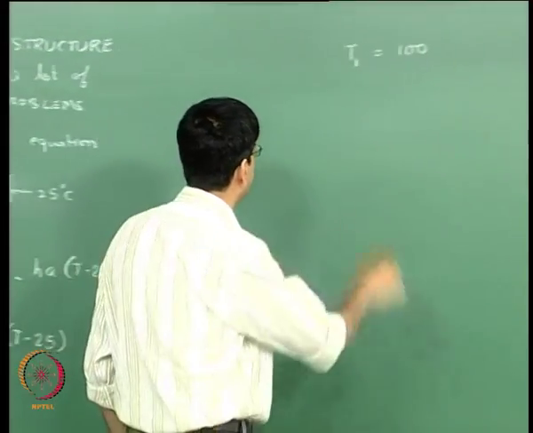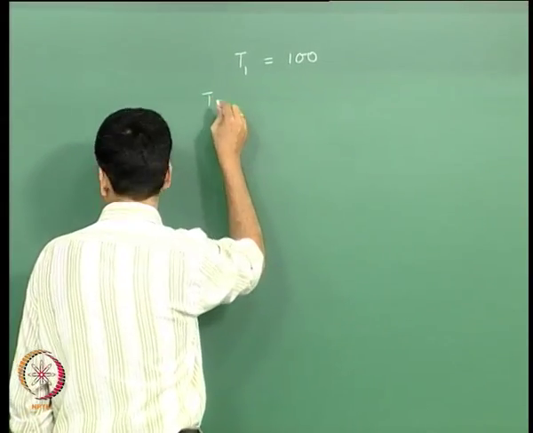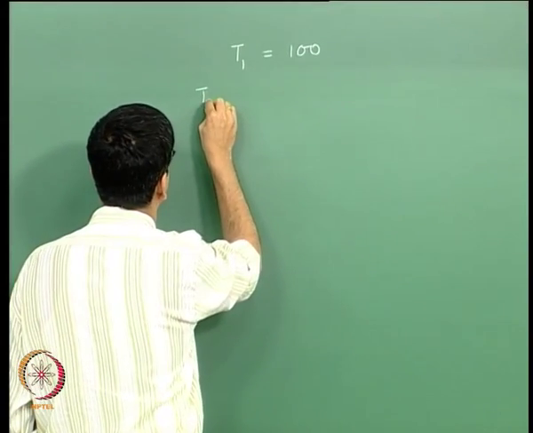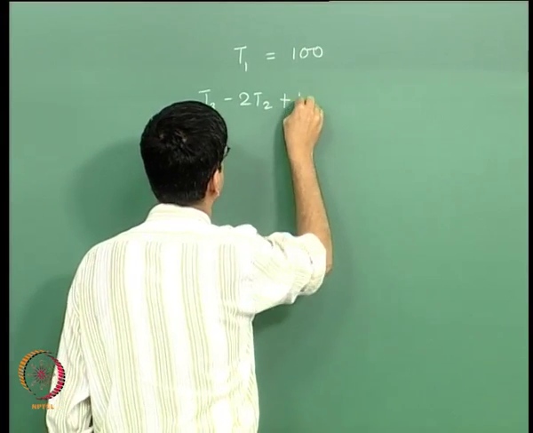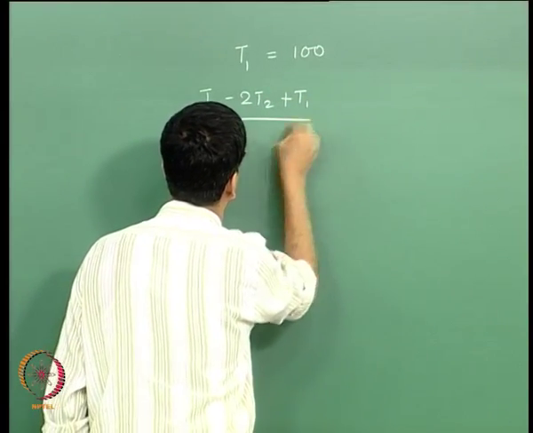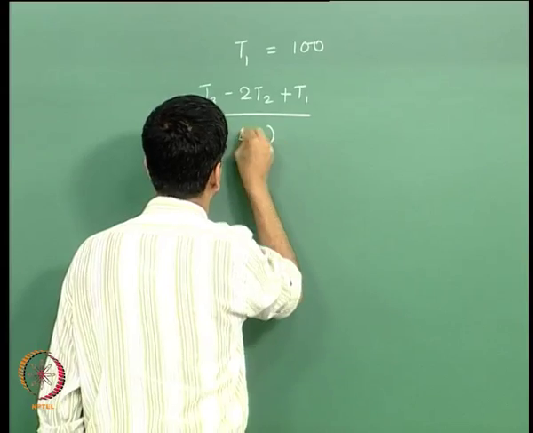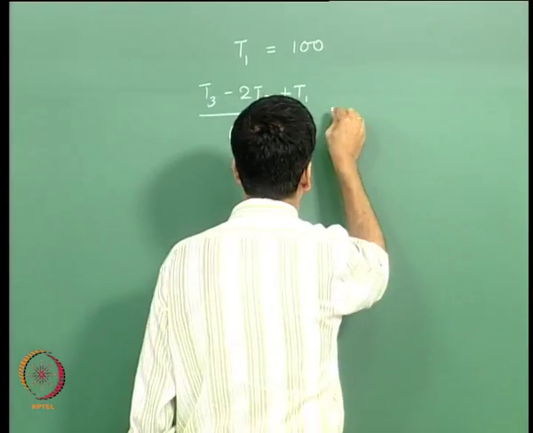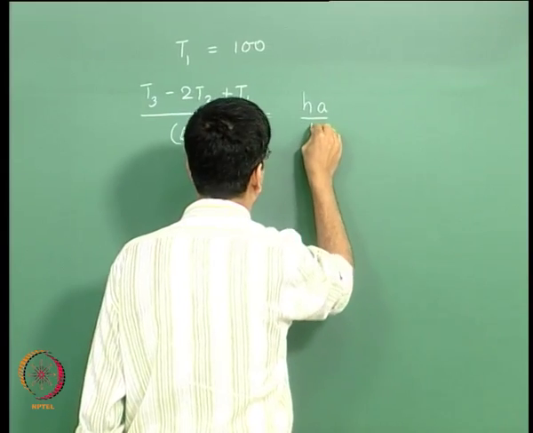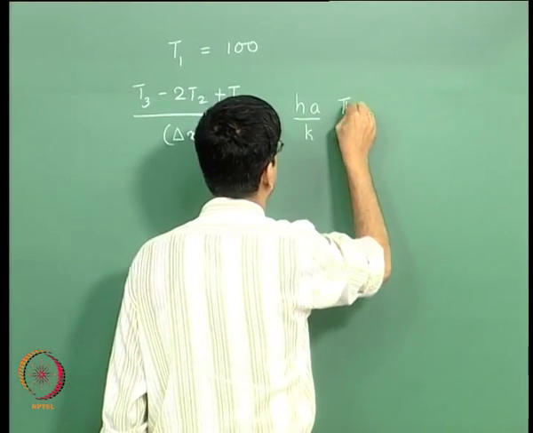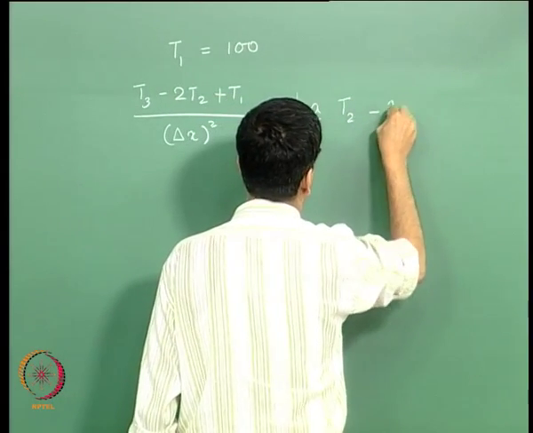So we will have T3 minus 2T2 plus T1 divided by delta x squared is going to be equal to hA divided by k multiplied by T2 minus 25.